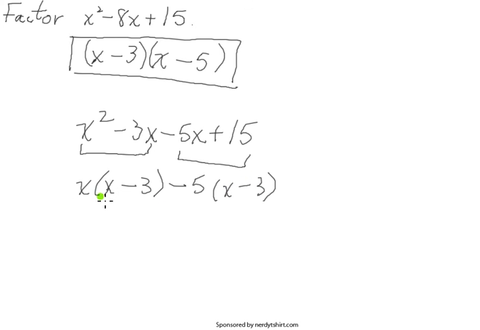That's the signal for a successful grouping: exactly the same leftover binomial factor in each term. So factor out that common x minus 3, which leaves behind a leftover x minus 5.